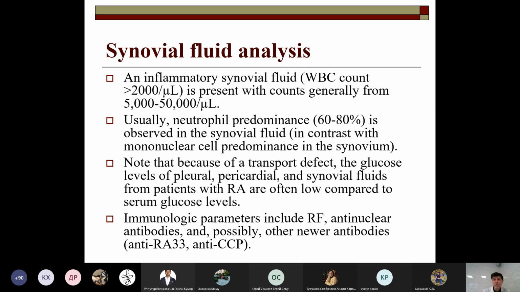To make a differential diagnosis with a septic process and gout-induced arthritis, especially when acute onset exists, synovial fluid analysis is generally recommended.